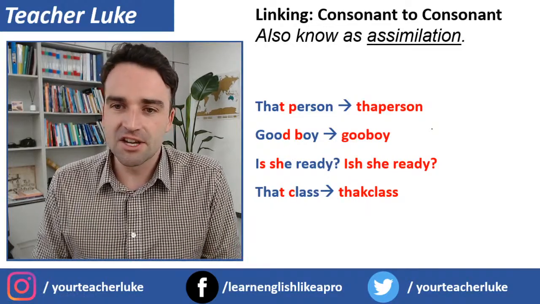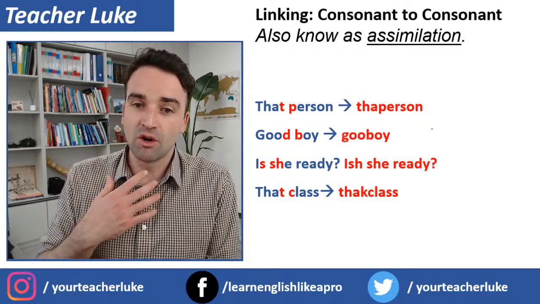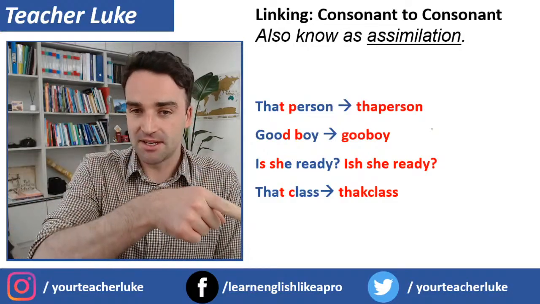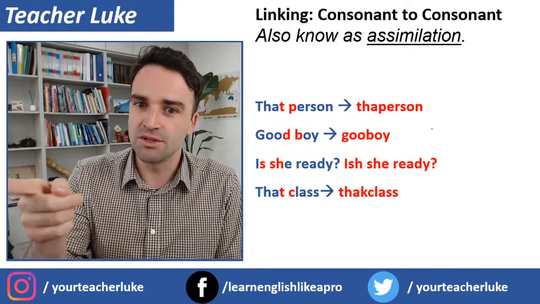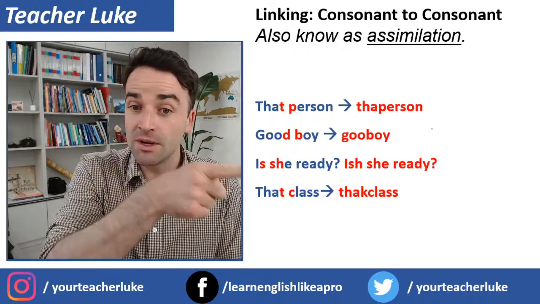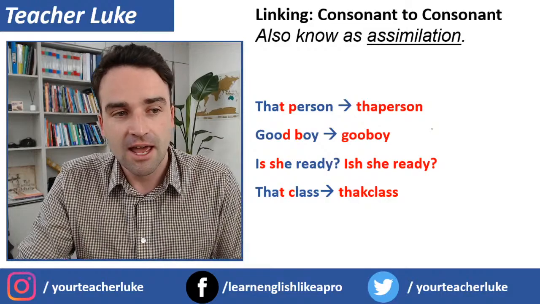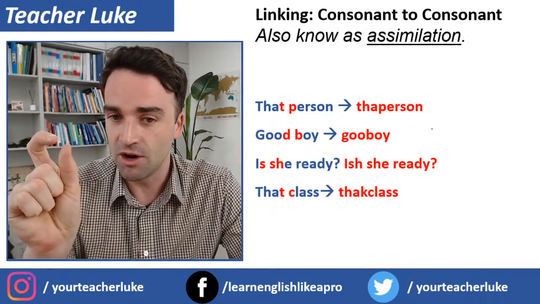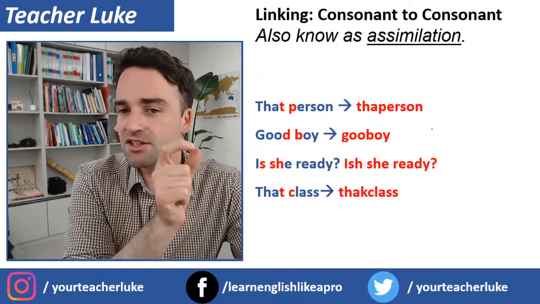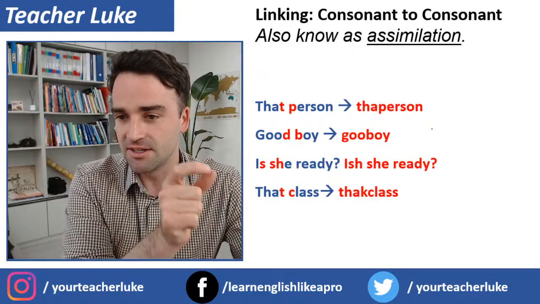So these are some examples of assimilation. This is what we call backwards assimilation, or more specifically, I think we call it reduced assimilation, but basically backwards assimilation, because the first consonant in the second word goes backwards and changes the last consonant in the first word.